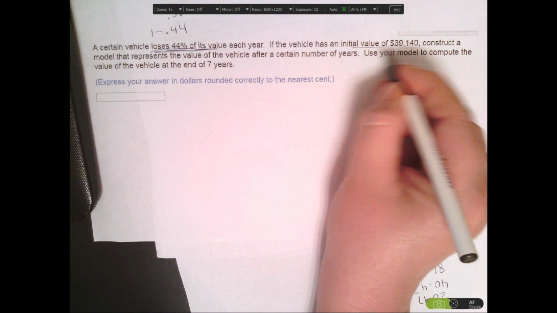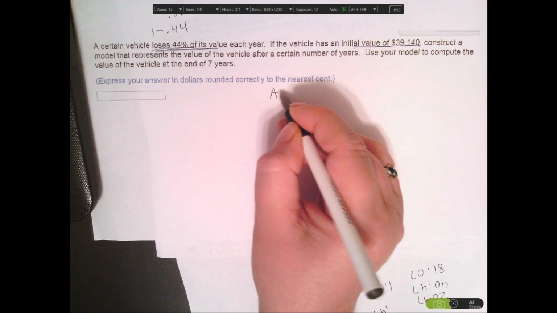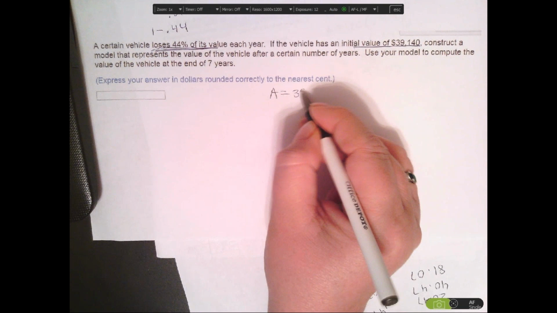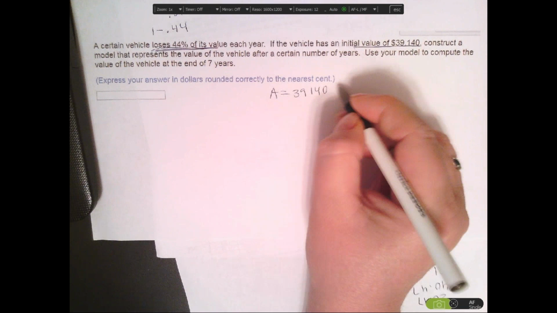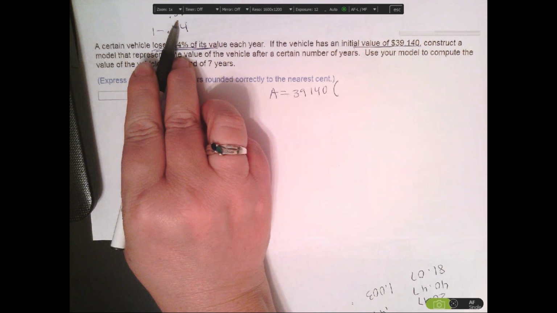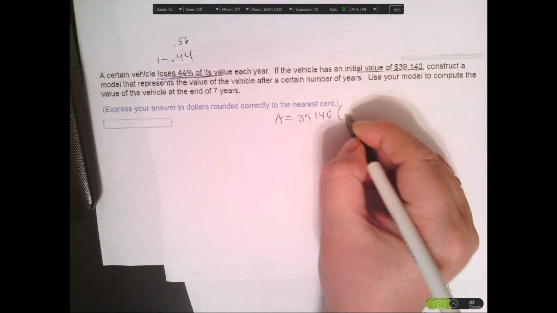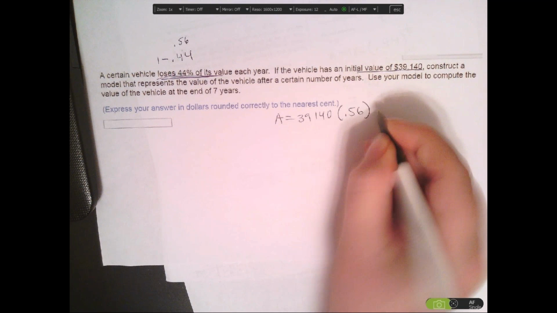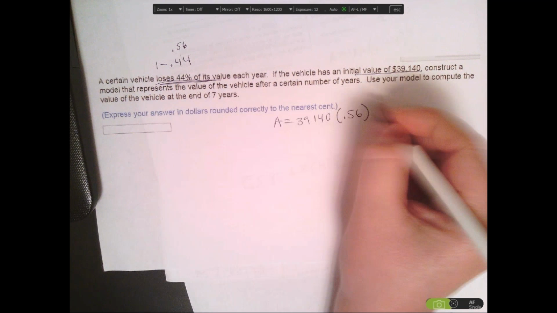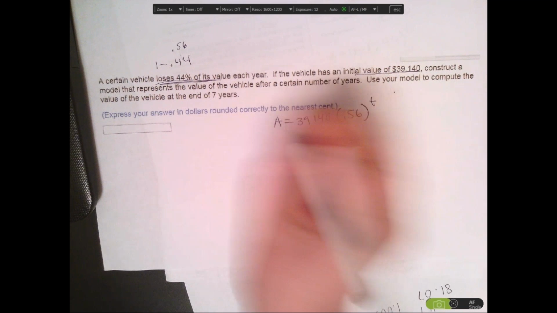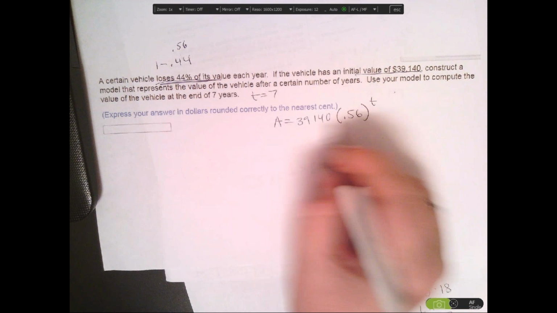If the initial value, they even use the word, is 39,140, we just did 1 minus the decay is 0.56, and to the T, and T is going to equal 7.